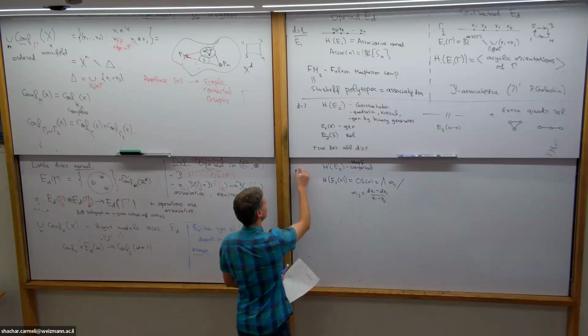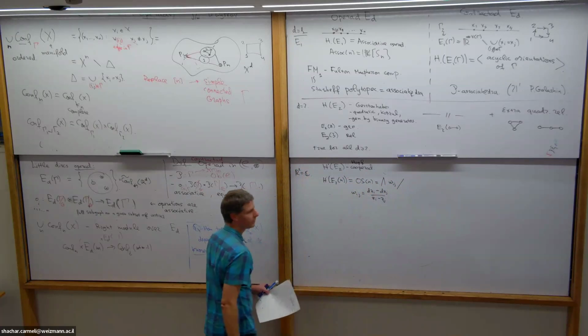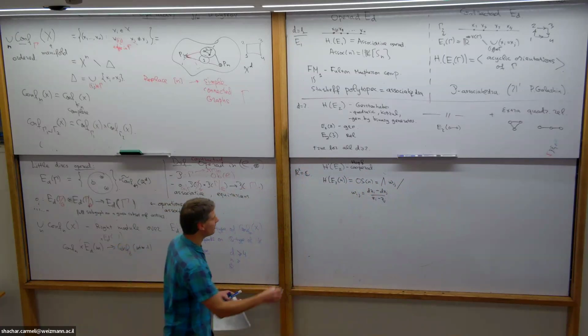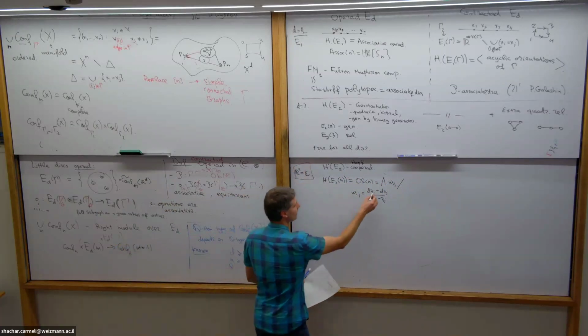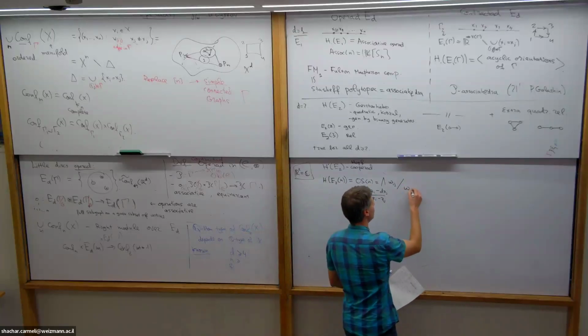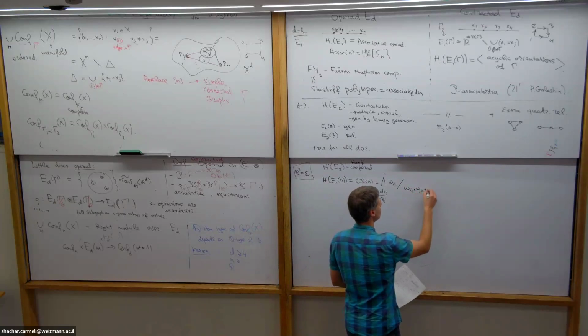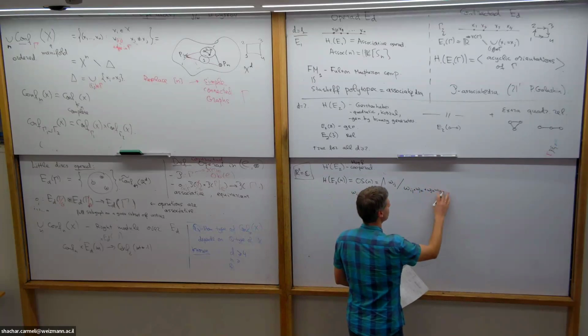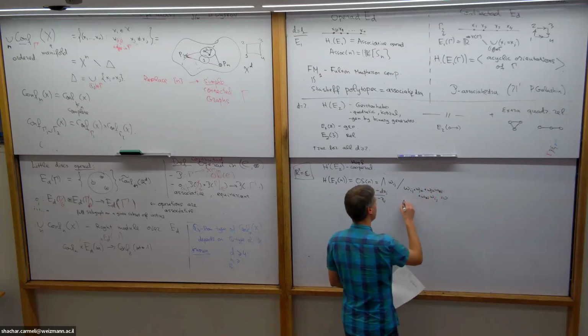I'm using the fact that R2 is equal to C. This is the key observation, so z is a complex variable here. And the relations are omega ij omega jk plus omega jk omega ki plus omega ki omega ij equal to 0, the so-called Arnold relations.